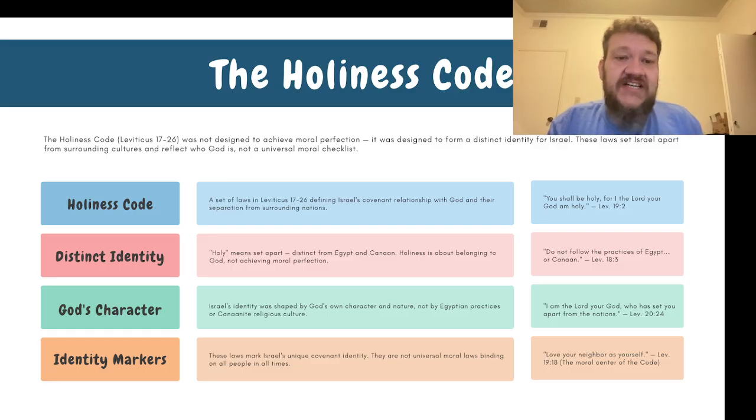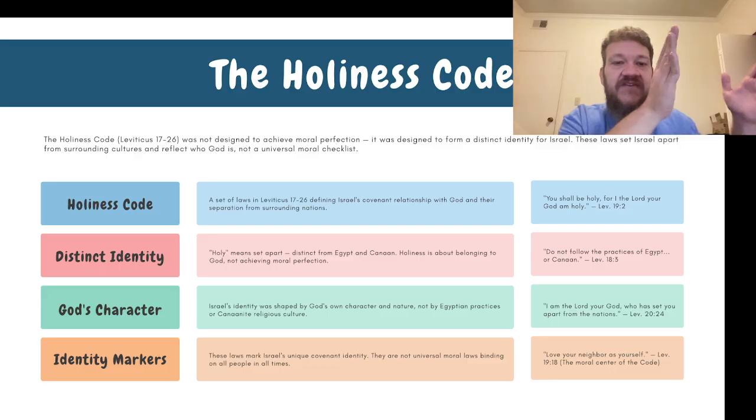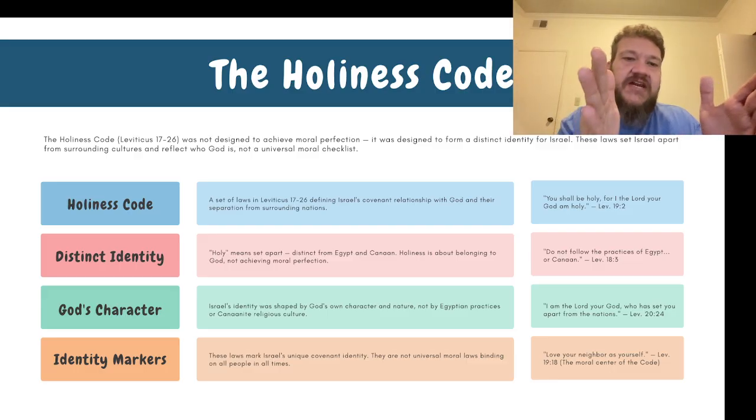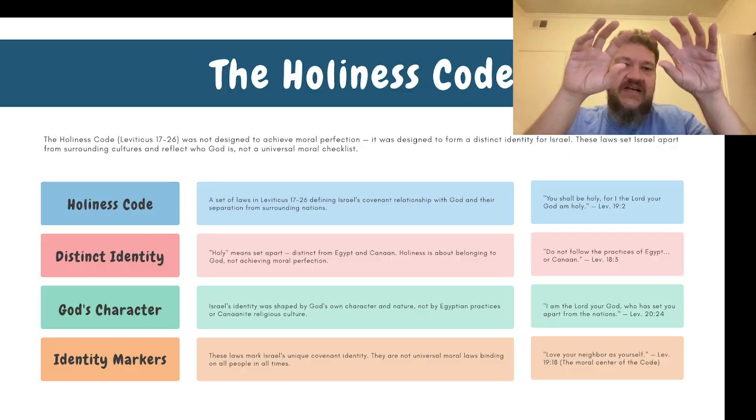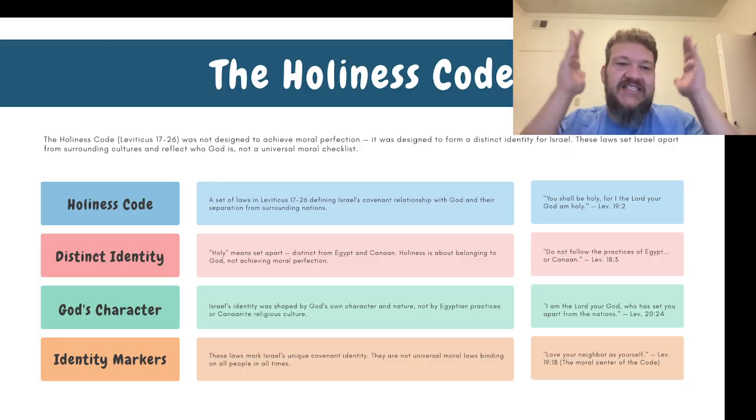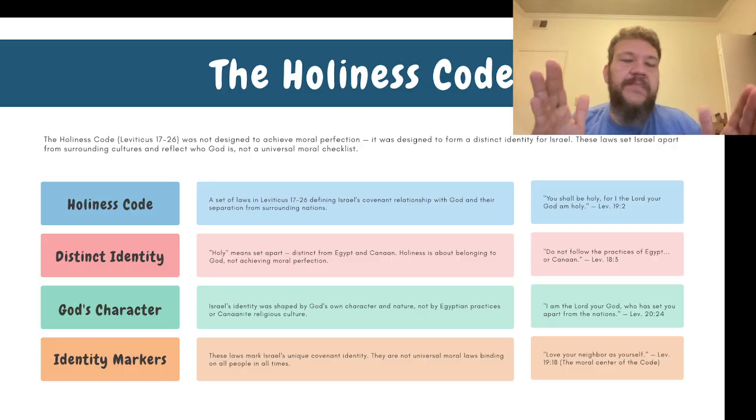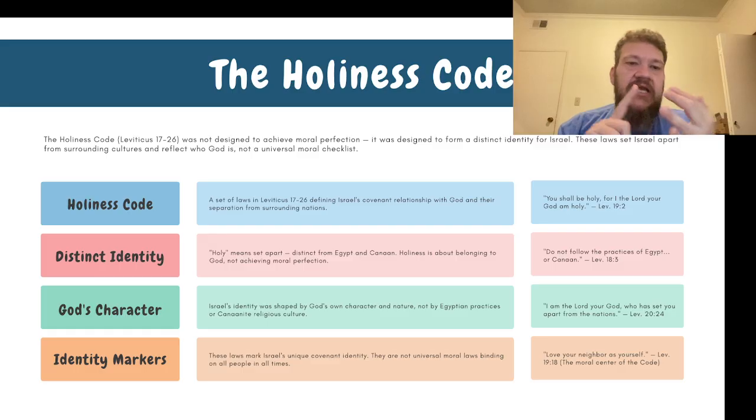So the book itself is actually set up with chapters 1 through 7 being the rituals of sacrifice, 8 through 10 being priestly ordination, and then 17 through 26 is that holiness code. And it deals with things like purity and stuff like that.